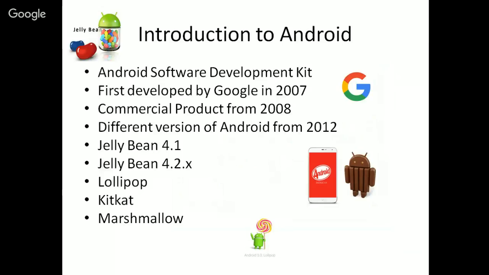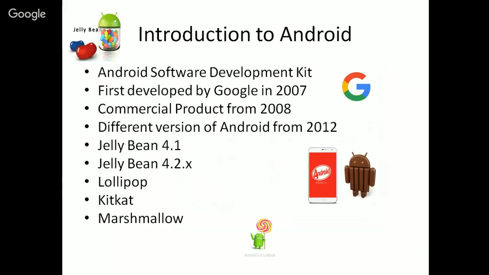Looking towards the introduction of Android and its development, we should know how Android is actually developed. Android applications are developed with the help of its own software development kit, provided by the Android officials.